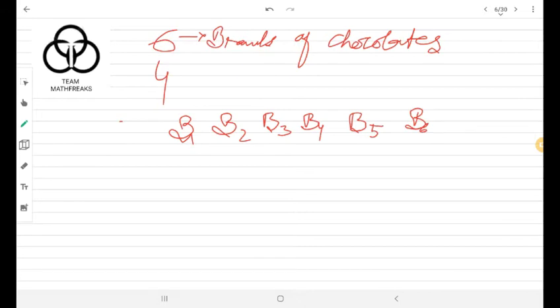In this situation, now let me choose the chocolates. Suppose I am choosing 2 chocolates from brand 1, B1, B1, 1 chocolate from brand 4, and 1 from brand 6.